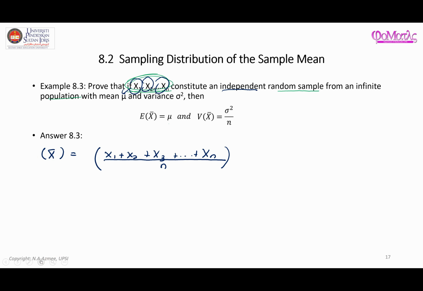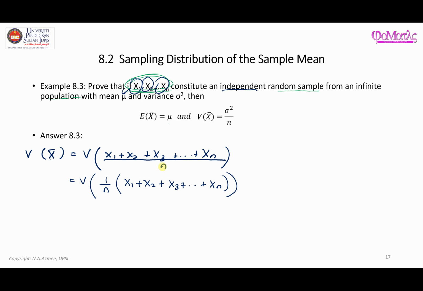So here we've got the variance of x bar, which is the same thing as this one. X bar is this process, and again 1 over n is a constant, so you can factor 1 over n out, leaving x1 plus x2 plus x3 until xn. I might not have shown that clearly or explicitly in the first example, but that's the idea.